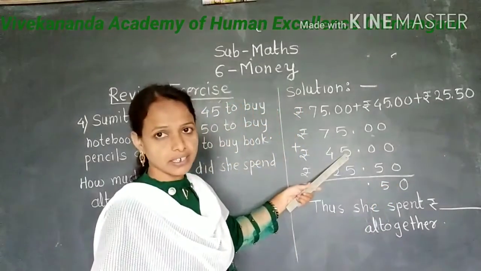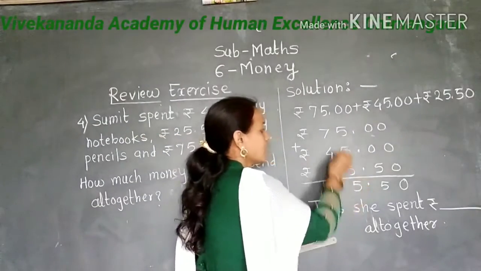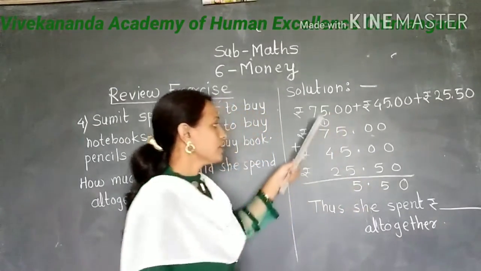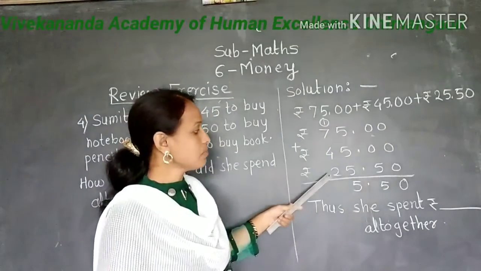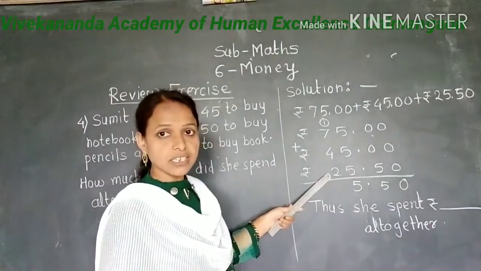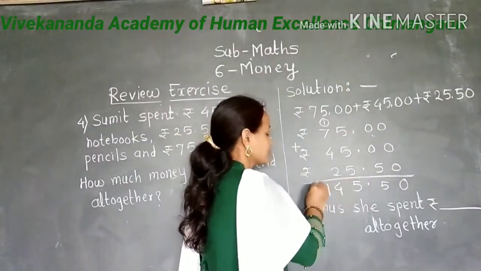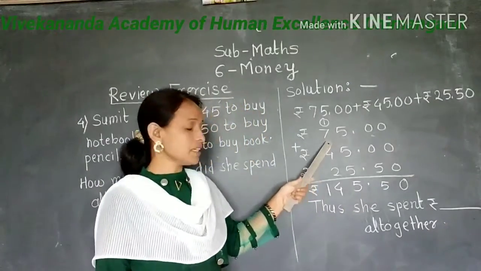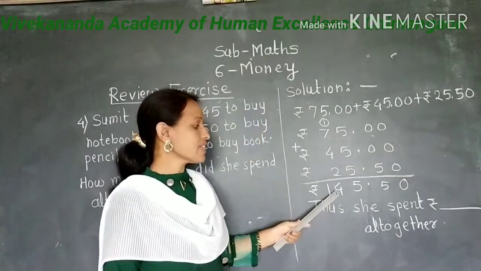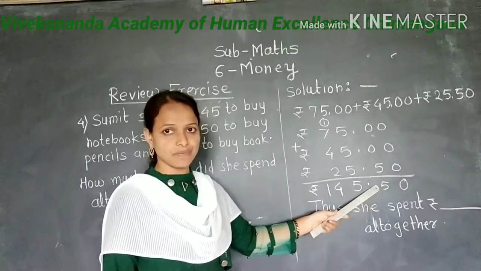5 plus 5, 10. 10 plus 5, 15. 5, carry over 1. 1 plus 7 plus 4, 11. 11 plus 2, 13. 13 plus 1 carried over, 14. So by adding these three amounts we get the answer 145 rupees 50 paise.